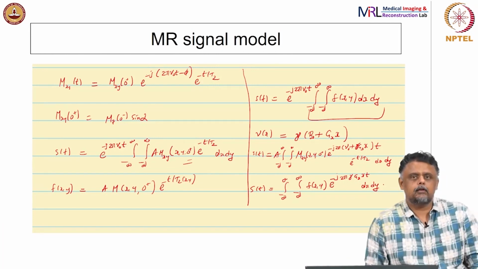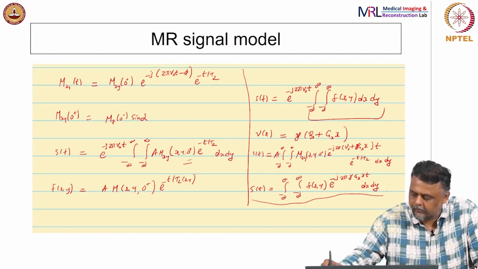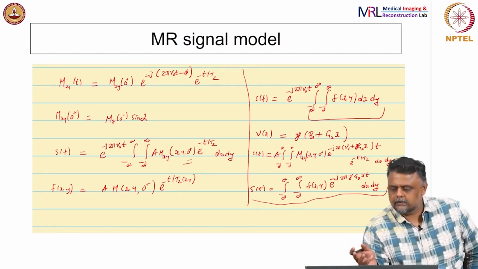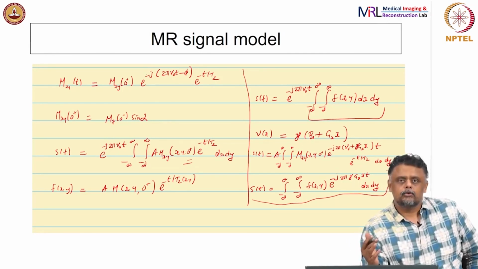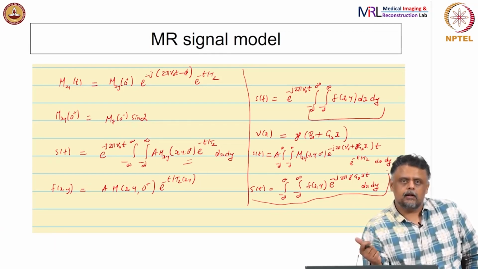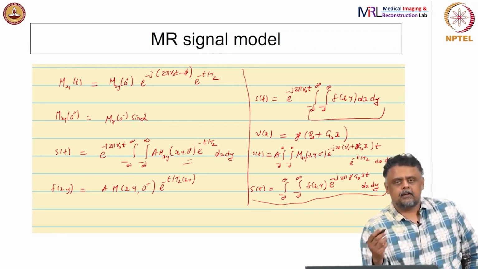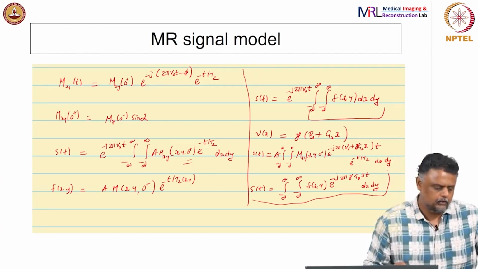So, this is the important concept in MR imaging, this particular equation. What we have done is identify the position with the frequency. We can interpret this expression as a Fourier transform, with the frequency corresponding to the y direction being set to 0.